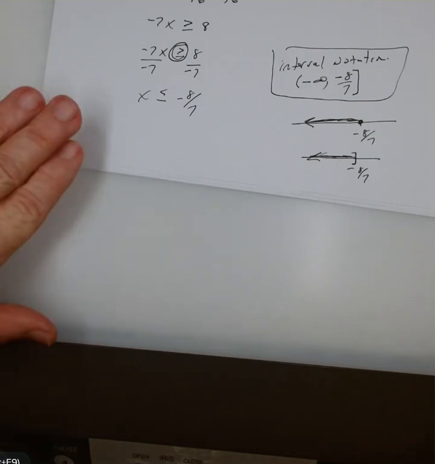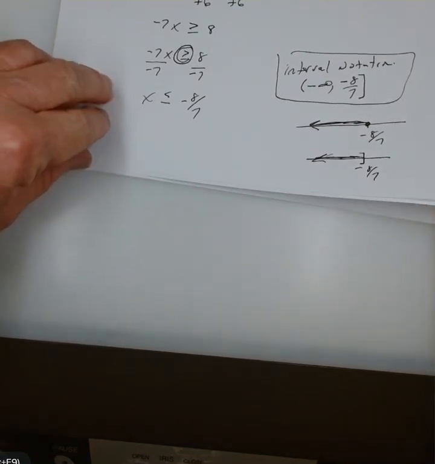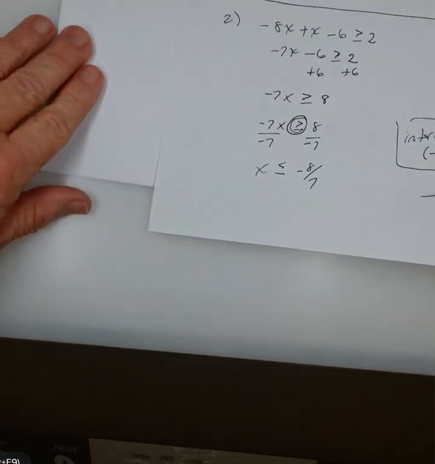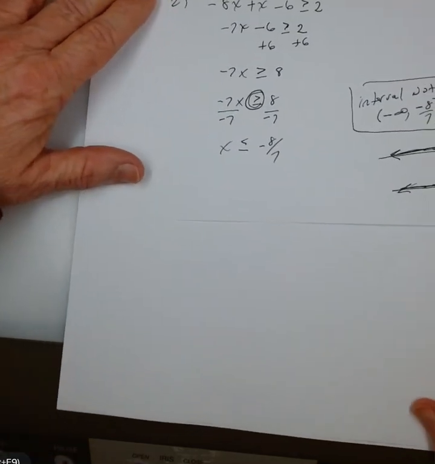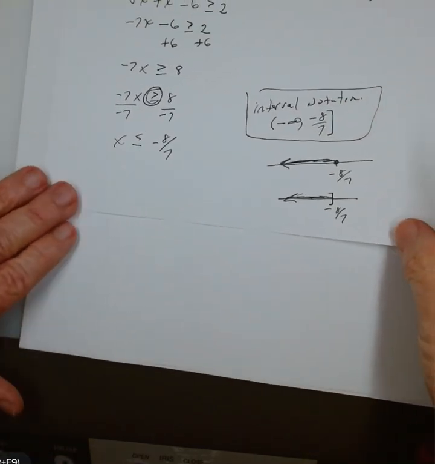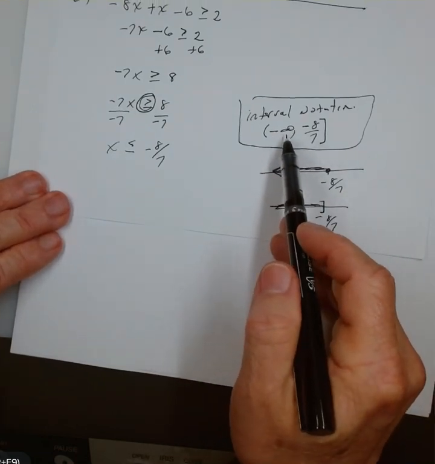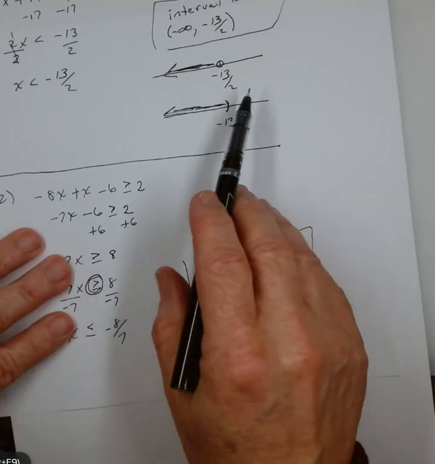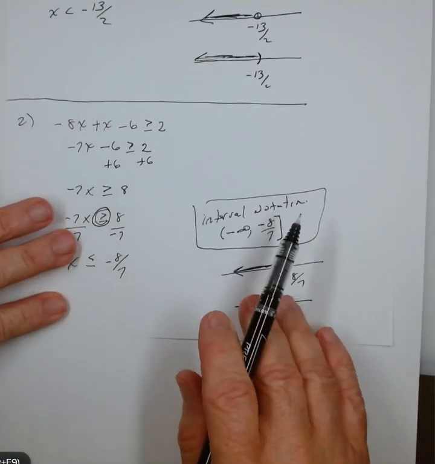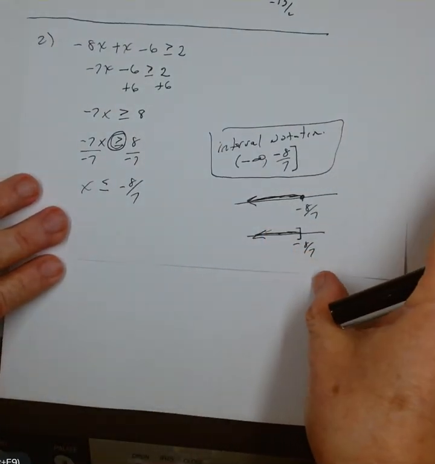Excuse me, sir. Yes. In the first part of the parentheses, what is that before the comma? Negative infinity. That's the infinity sign? Yeah, just like this. Yep. Okay. Negative infinity.